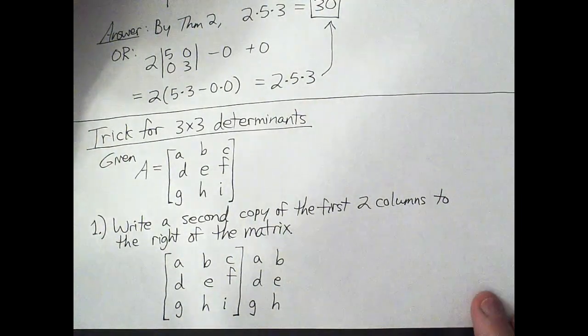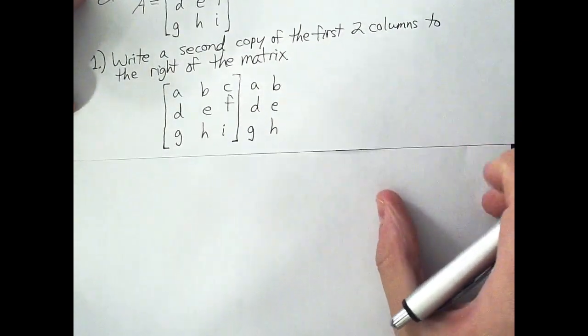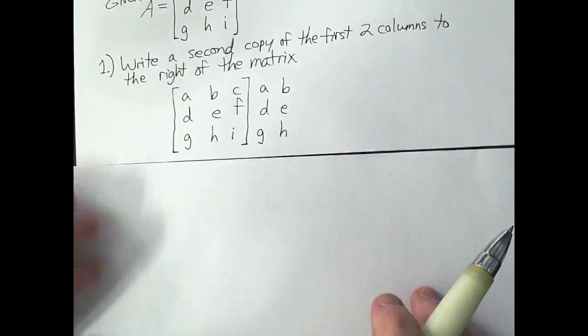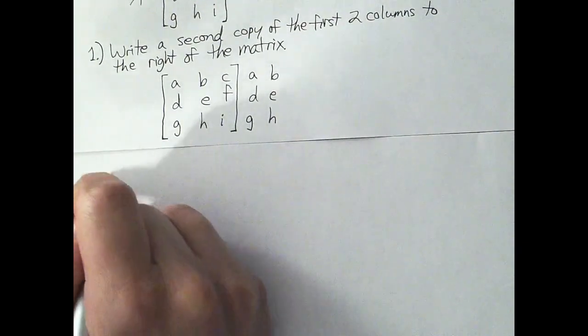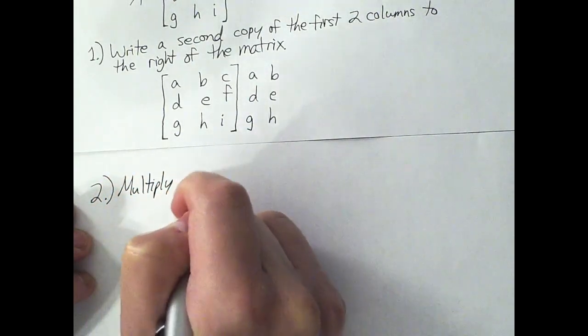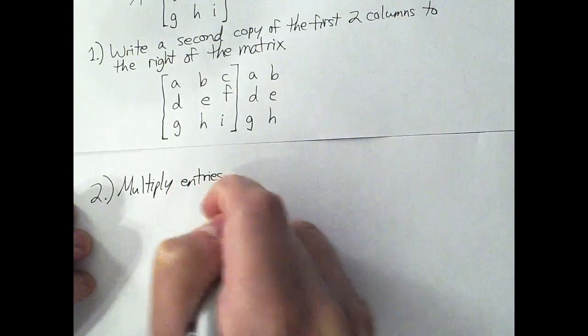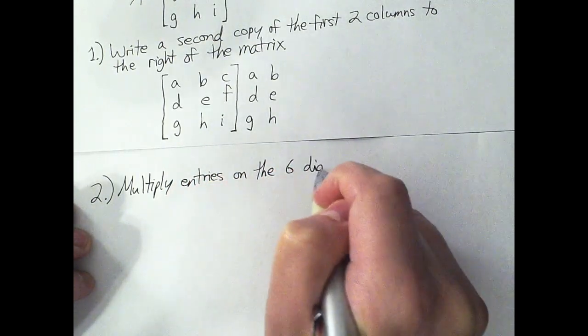All right, step 2. If step 1 seemed weird to you, step 2 might seem weird also. Multiply entries on the 6 diagonals.